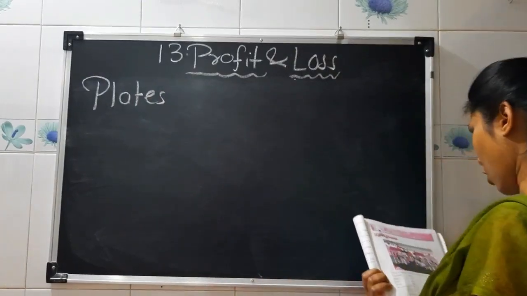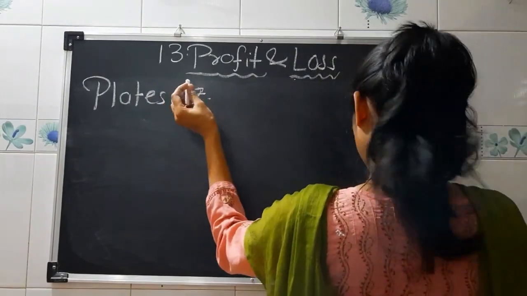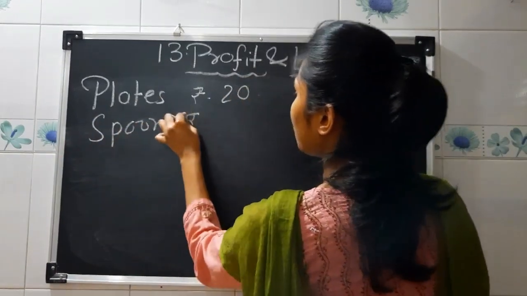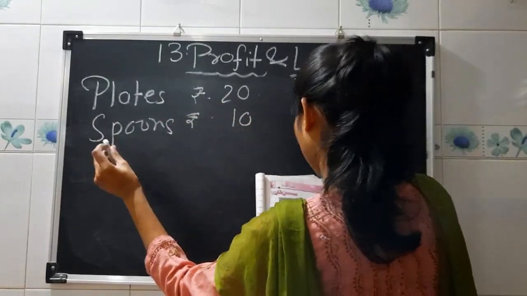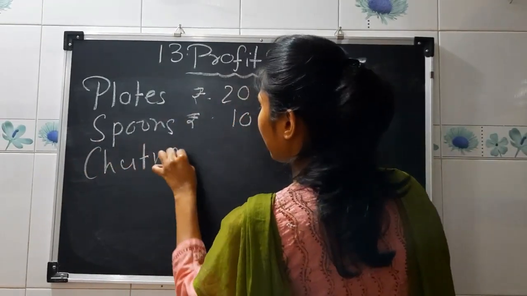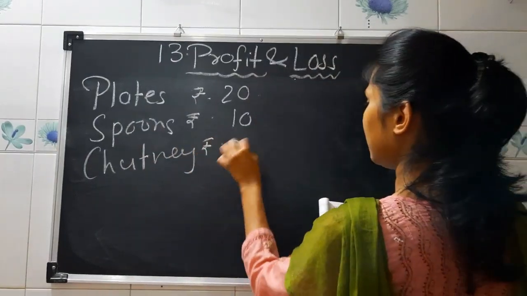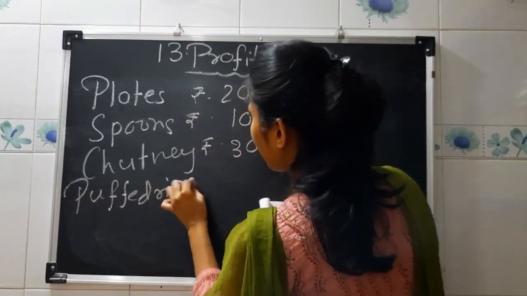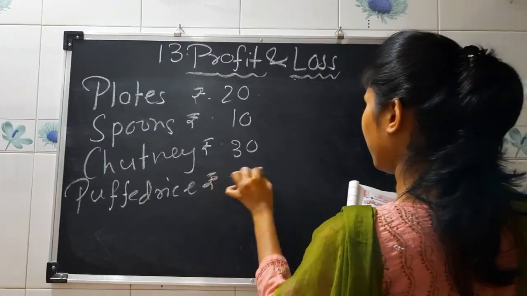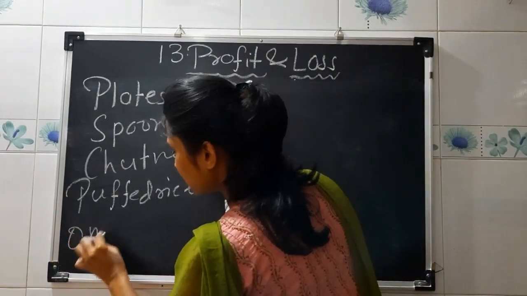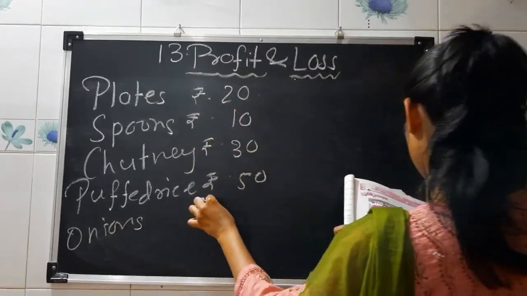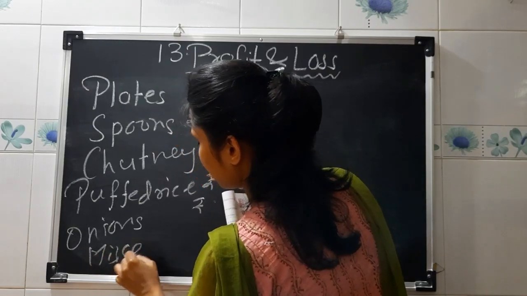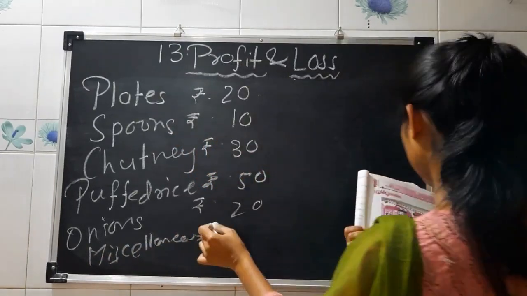For Sarita's stall, she purchased plates for rupees 20, spoons for rupees 10, chutney for rupees 30, puffed rice for rupees 50, onions for rupees 20, and miscellaneous for rupees 60.